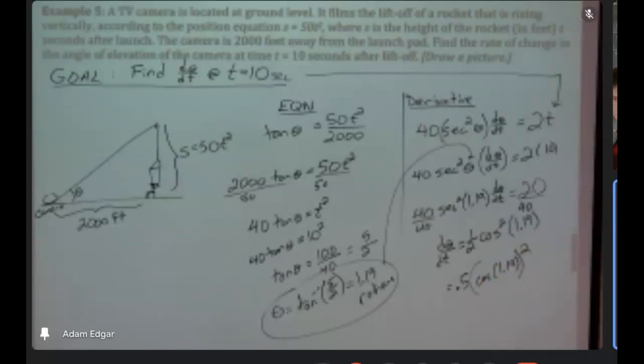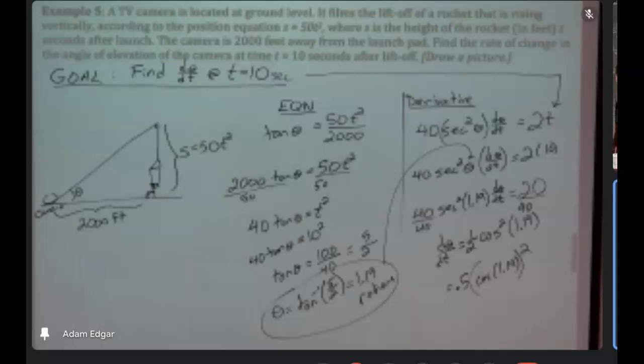Or if you want to break this up into smaller parts, do cosine of 1.19, get an answer, and then do 0.5 times the answer squared. And whatever that answer is.